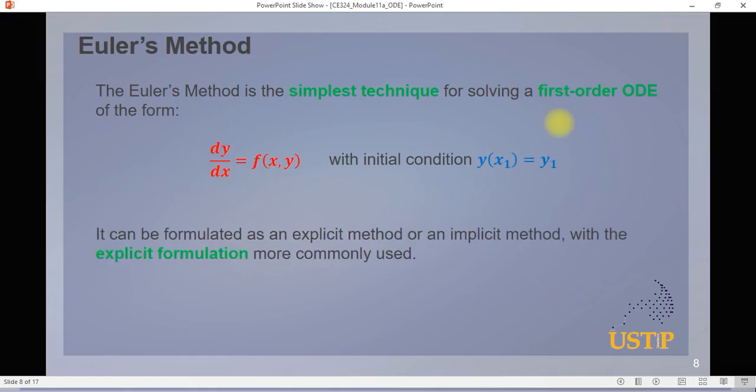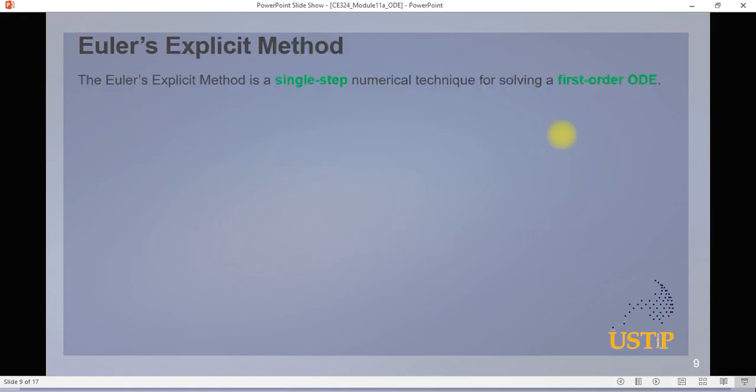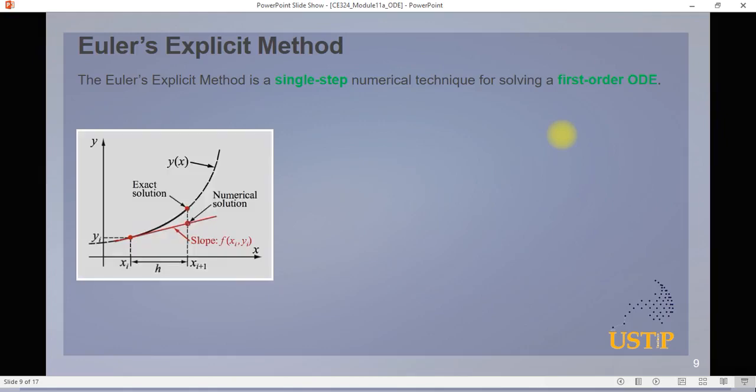It can be formulated as an explicit method or an implicit method. The explicit formulation is more commonly used. So here's Euler's explicit method, a single-step numerical technique for solving a first order ODE.